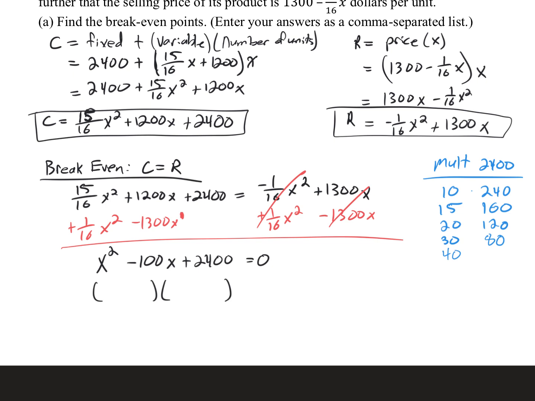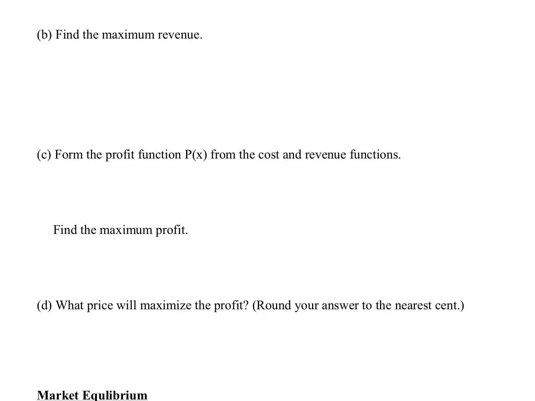I'll go down to 40, and then 40 times 60 is going to work. So we see these two numbers add up to 100. Let me make them both negative. Now they add up to negative 100, and they still multiply to be that positive number. Okay, so then x minus 40, x minus 60 are the two factors in question. To finish solving, we're going to find that x is equal to 40 or 60. So these are the two break-even points.